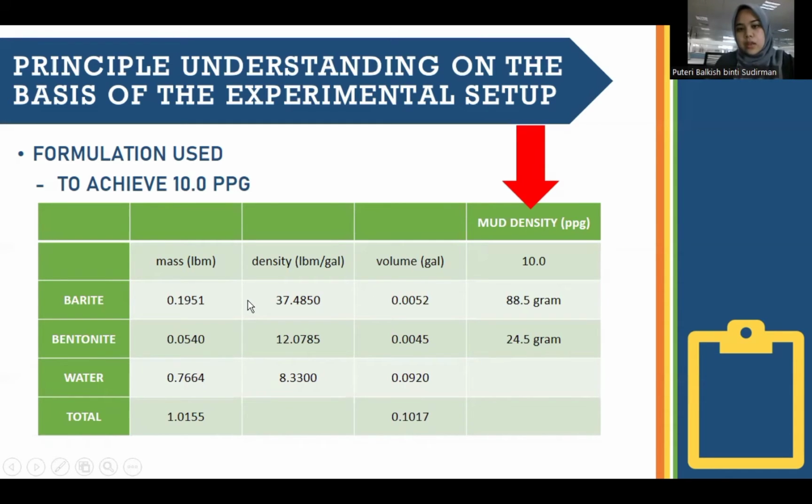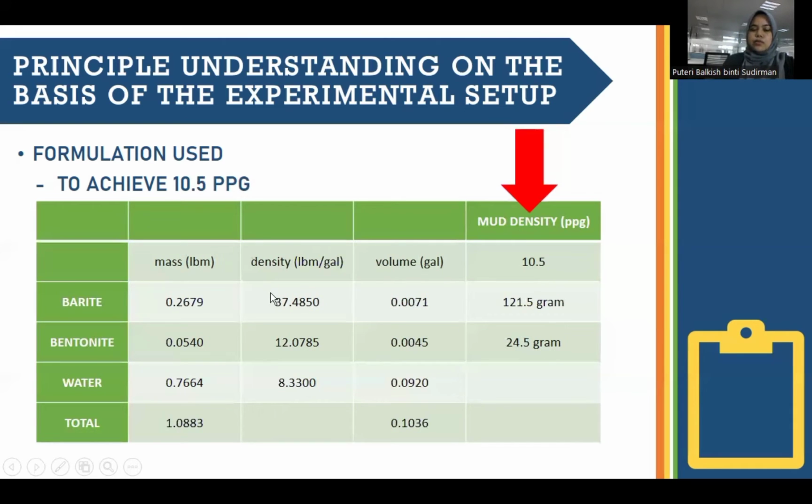The volume of barite will be 0.052 gallon, bentonite will be 0.045 gallon, water will be 0.092 gallon. The total volume will be 0.1017. So when the mud density is 10 ppg, the barite will be 88.5 gram, bentonite will be 34.5 gram.